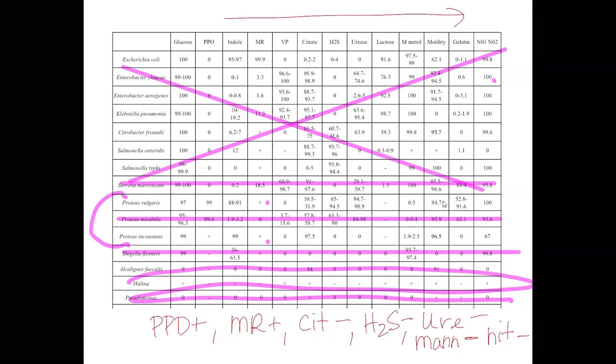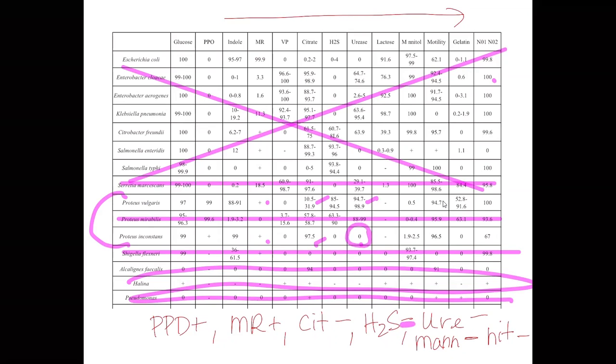Okay, and then citrate is negative. So this one, the citrate is between 10 and 32% positive, and most of these are positive. But there's 2.5%. Now hydrogen sulfide, it says it's negative.